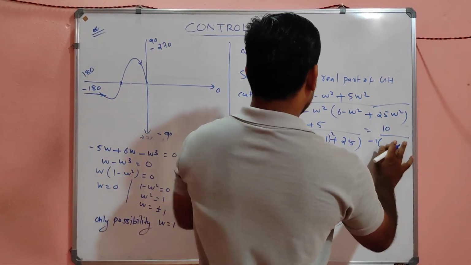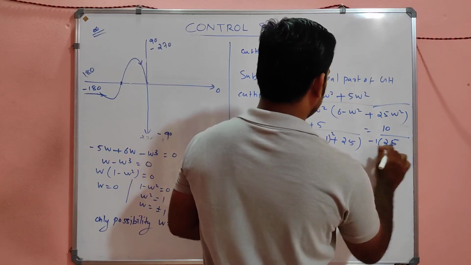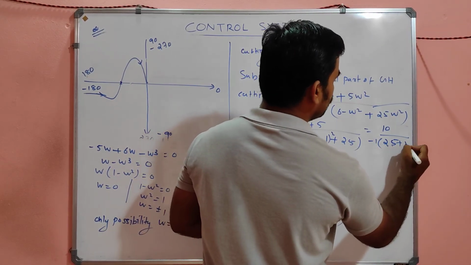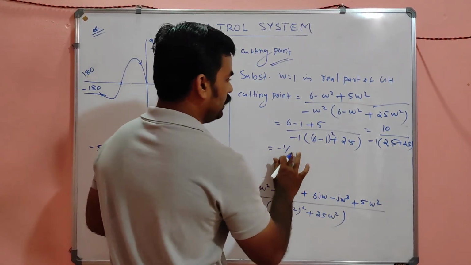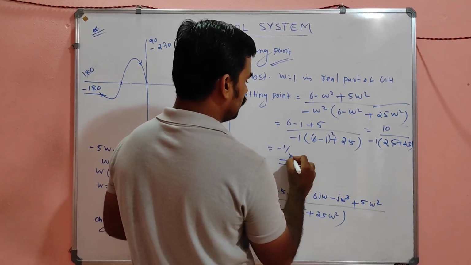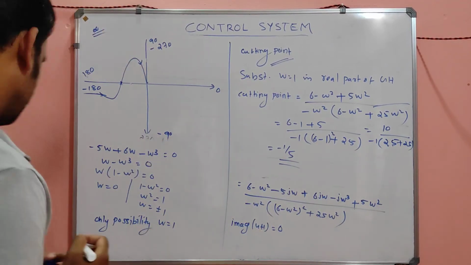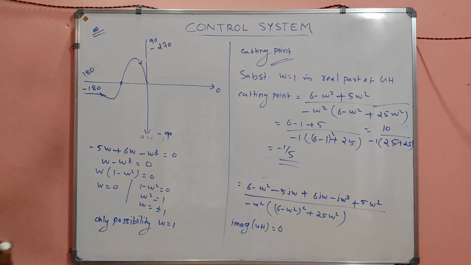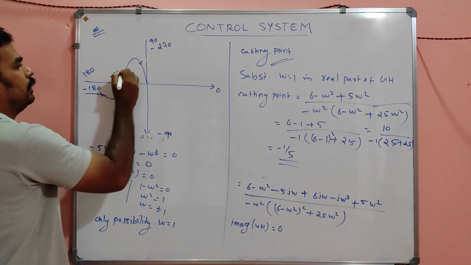So 10 by 50, which is 1 by 5. So this point will be minus 1 by 5.